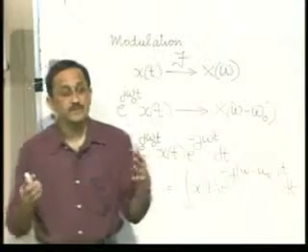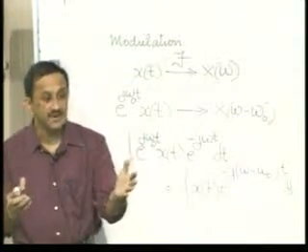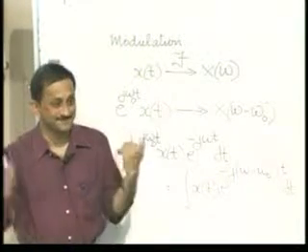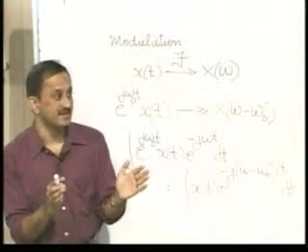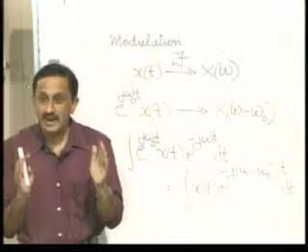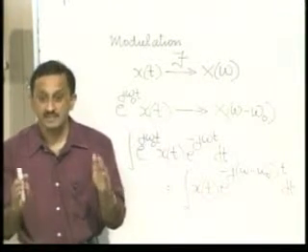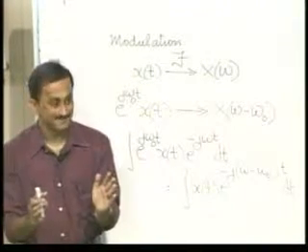Now, suppose you have a number of different waveforms to be transmitted simultaneously on the same device or on the same channel, on the same wire. And if all the waveforms happen to be in the same spectral region, that means the predominant part of their spectrum, the predominant part in which the Fourier transform has a significant magnitude, is all in the same region.